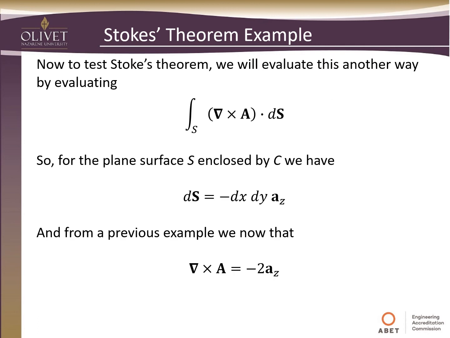So for the plane surface S enclosed by C, we have that ds is just going to be minus dx dy az. So that's just the differential area of our space inside the contour. And from a previous example, we know that the curl of A at this point is going to be negative 2 az.